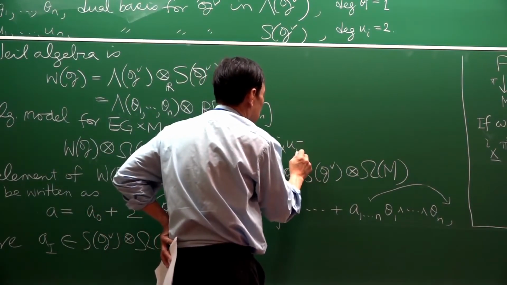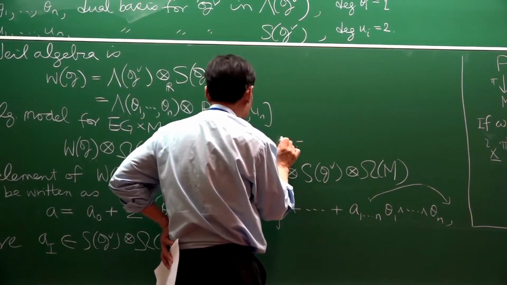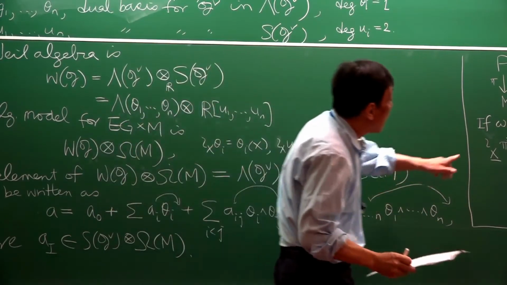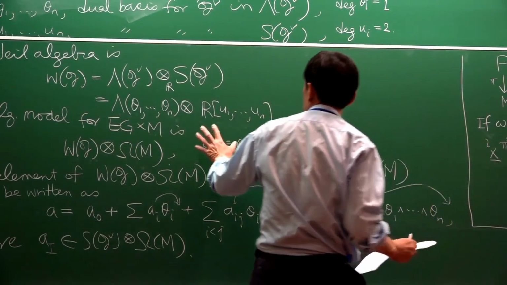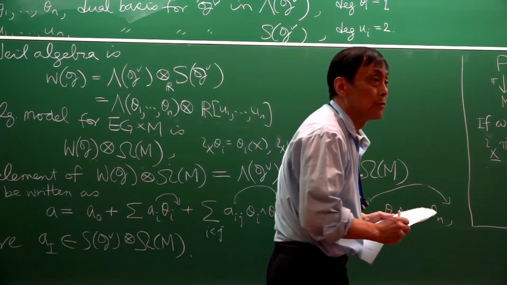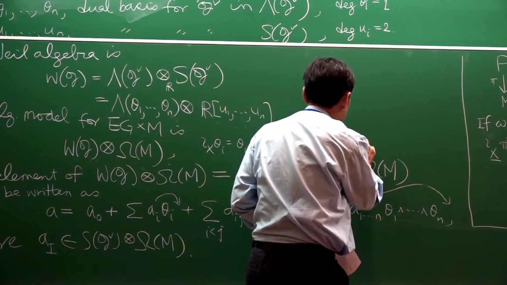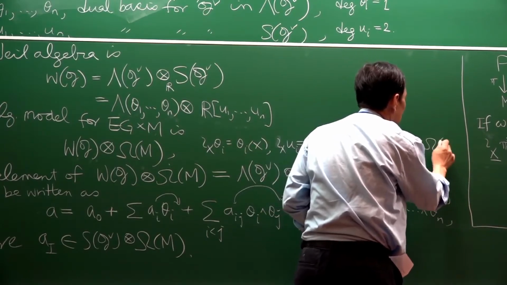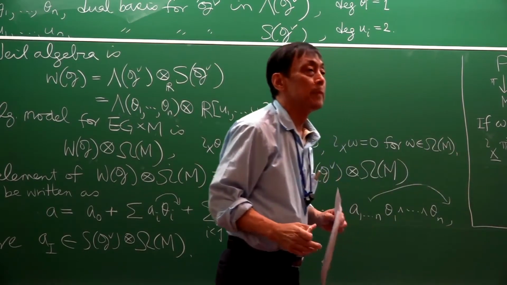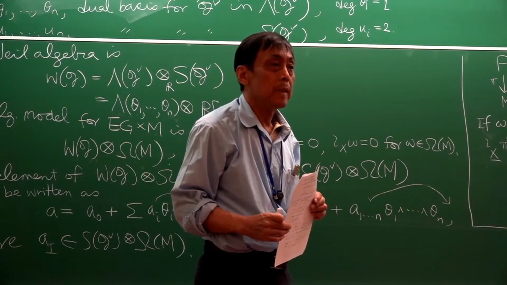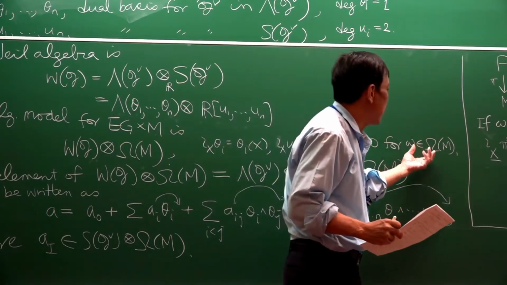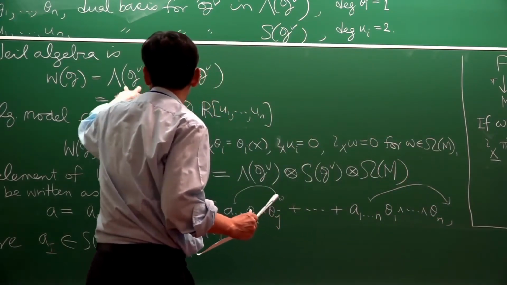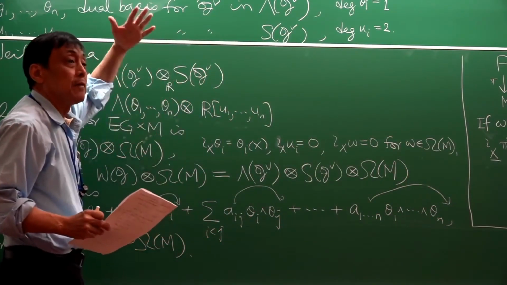Ix on u is 0, but we have to define Ix of any omega to be 0 also, for omega in the forms on M. Okay? Because this is a form on the base. And this is upstairs.